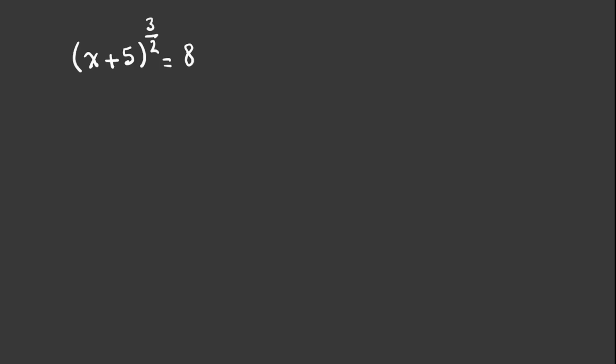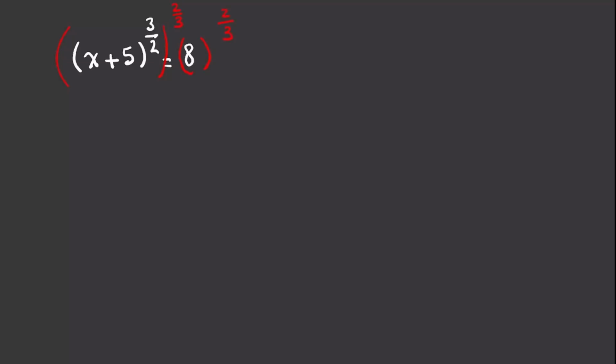Let's look at this equation. I have x plus 5 to the 3/2 equal to 8. The first thing I need to do to solve for x is get rid of this 3/2 power. In order to do that, I need to take the power of 2/3, and whatever I do to one side, I need to do to the other.